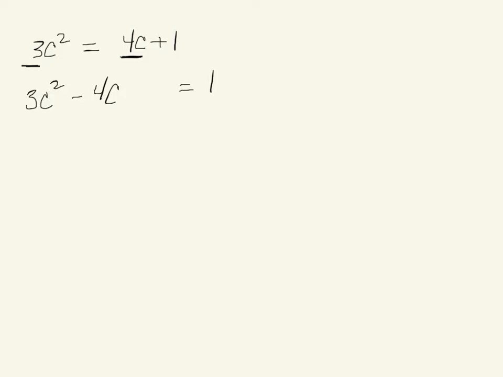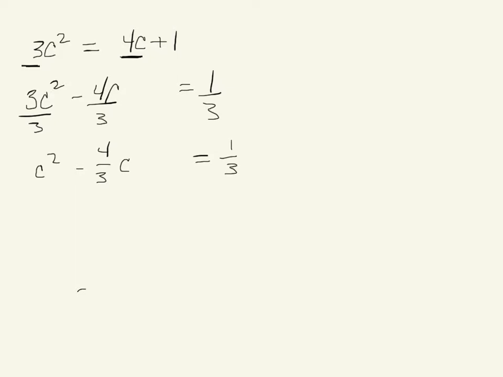Now there's more problems. We want this to be 1. So what we're going to do is divide each of these by 3. So we get c squared minus 4/3 c equals 1/3.